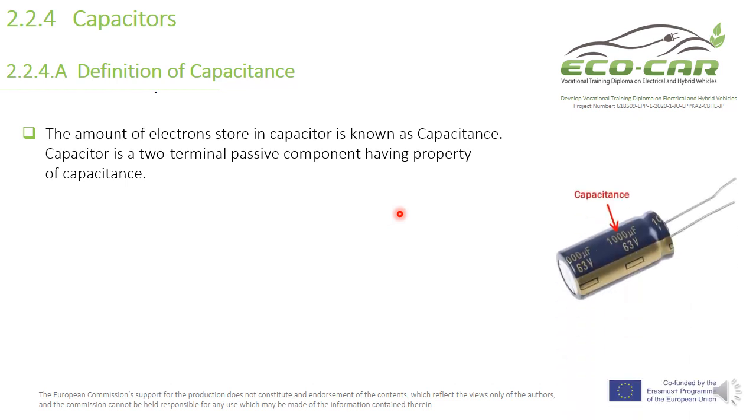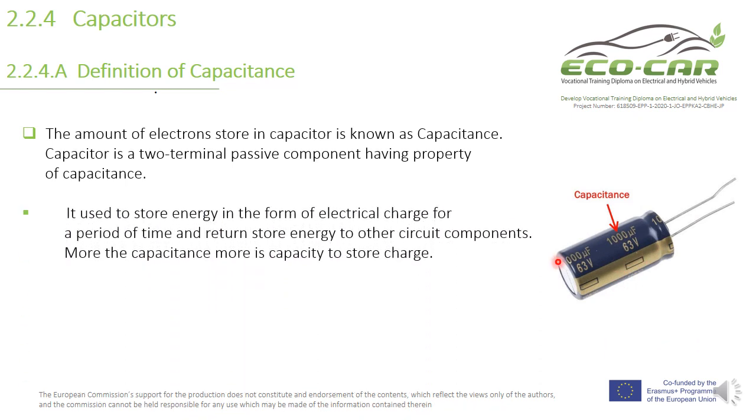For example, this is the shape of another kind of capacitor called an electrolytic capacitor, and we will give more information about this kind. This is the capacitance, about 1000 microfarad, and the working voltage of this capacitor is 63 volt.